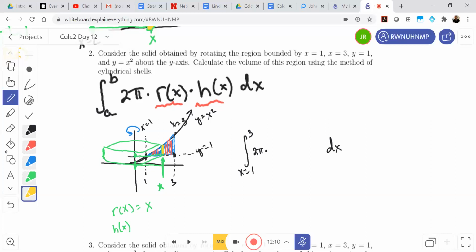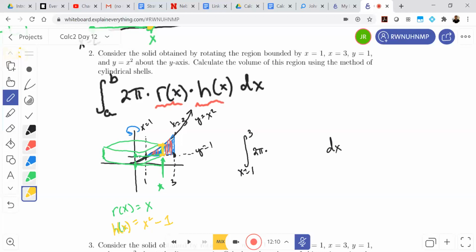And we can measure that at a given point x, that is going from this y value up top to this y value at the bottom. So the height is going to be given by the curve up top minus the curve at the bottom, or in this case, h of x is given by the curve up top is x squared, y equals x squared, and the curve at the bottom is equal to just y equals 1.